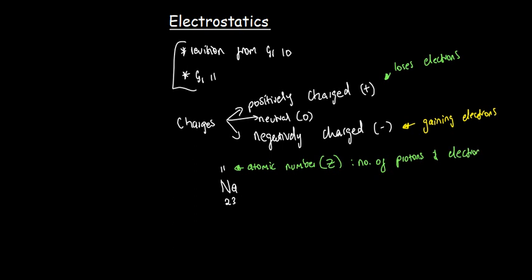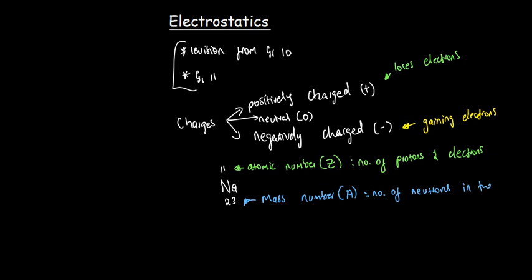This part here is called the mass number, and the symbol is A. This one represents the number of neutrons in the nucleus.